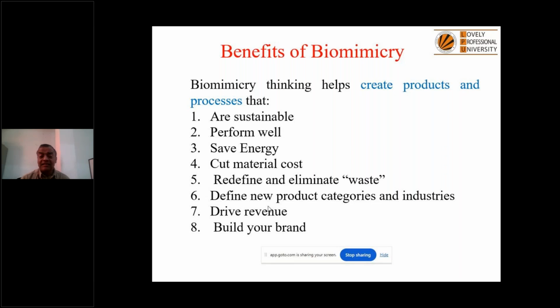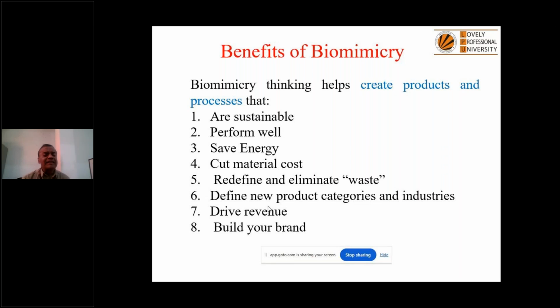In nature, there are many things which save energy. Suppose you are in open air, you are not using electricity, you are not using a fan, cooler or AC, which means you are saving energy. So if you are in nature, you are always saving energy.